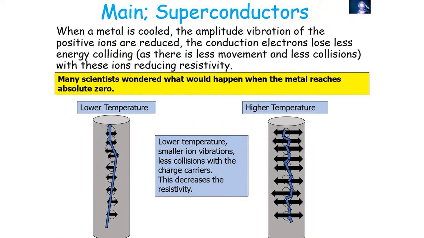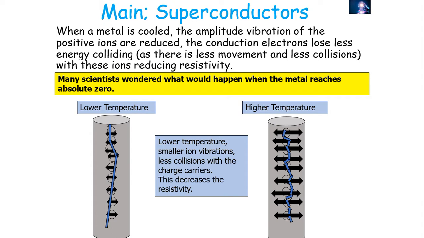Well, when a metal is cooled, the amplitude of vibrations of the ions of the material is reduced. So these electrons or mobile charge carriers will lose less energy as they travel through the material because there's less movement from the ions, there's less collisions, so it reduces resistivity.